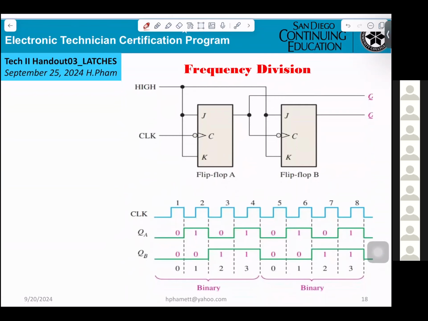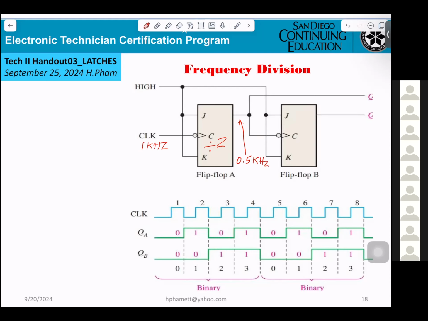Frequency division. The only thing is that it will be divided by 2. If you get 1 kilohertz, then the output coming out here will be 0.5 kilohertz.